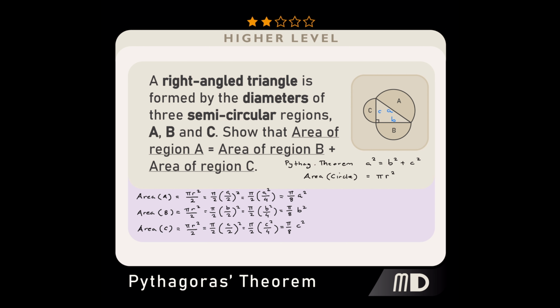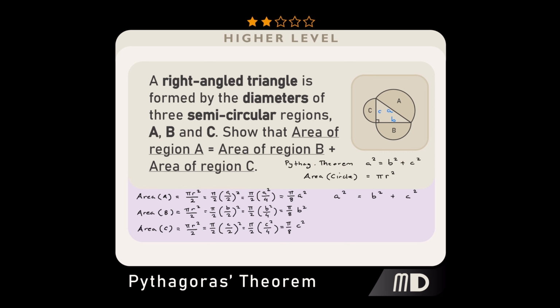The relationship between each side of the triangle, and therefore the diameter of each circle, is A squared equal to B squared plus C squared.